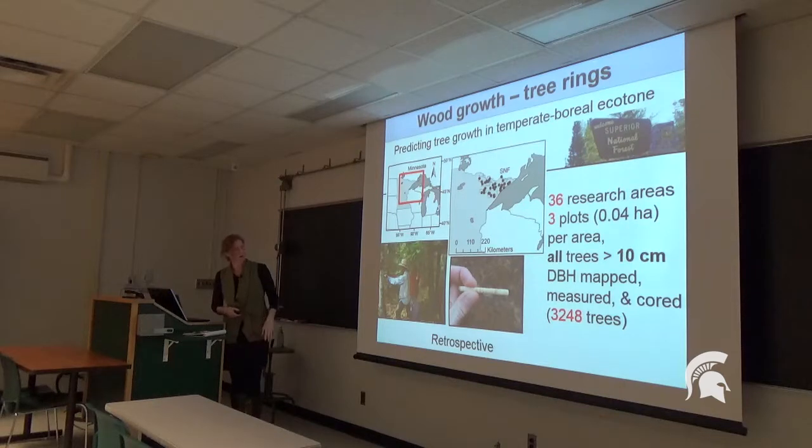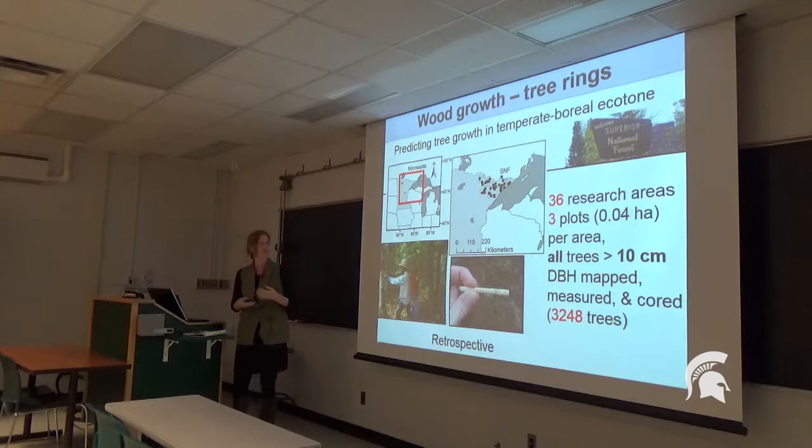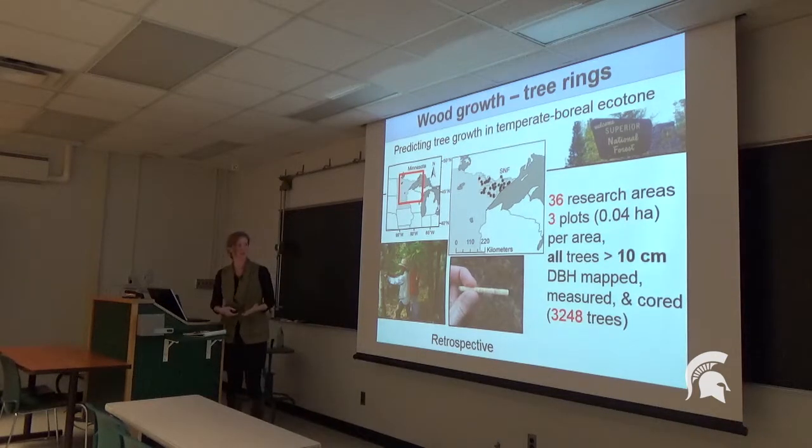Across the forest, you can see the boundaries here in northeastern Minnesota. We went to 36 areas in the forest, and within those sampled 3 plots each. So we have a total of about 108 plots that were measured in different forest types that are representative of the main dominant forest types of the region.